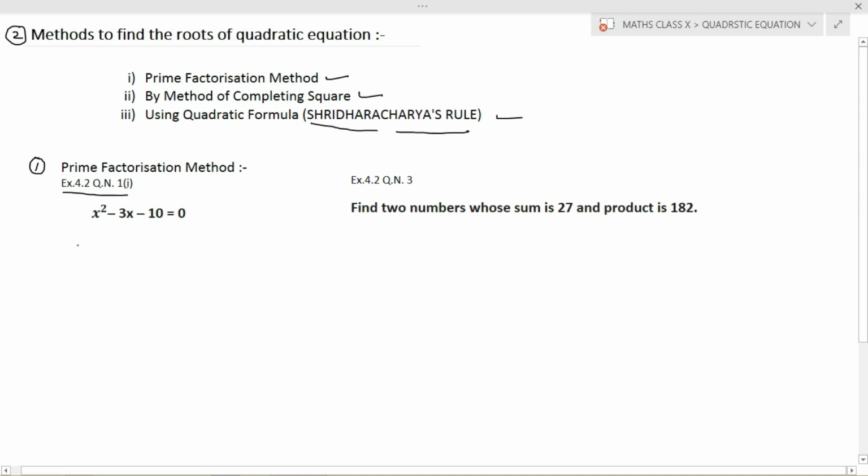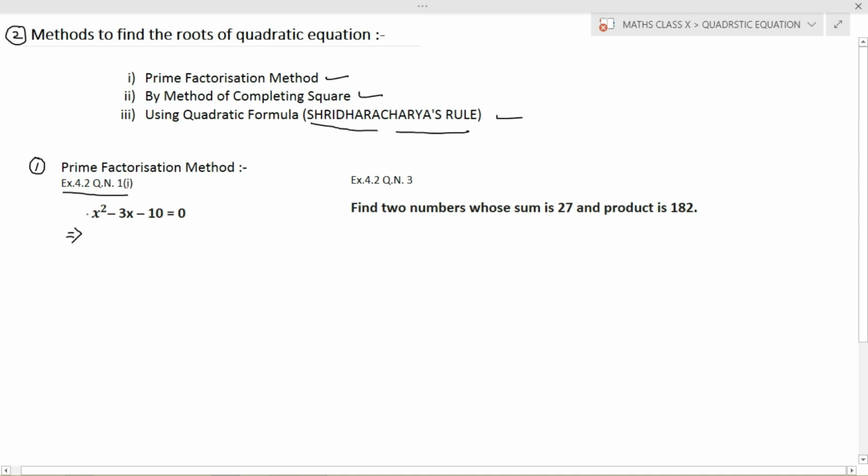The prime factorization method means you have to factorize the LHS, the left hand side of this equation. Since this equation is in the form ax square plus bx plus c, we use the method of splitting the middle term. How to split the middle term, I hope you know, even though I am going to repeat.